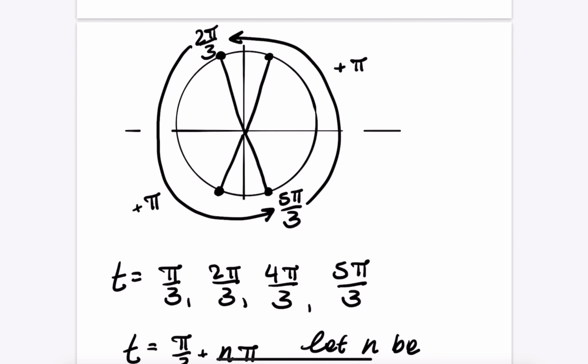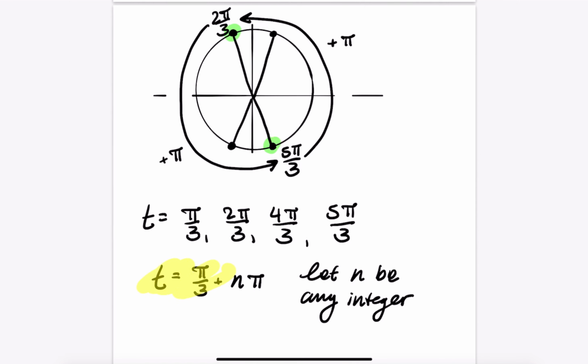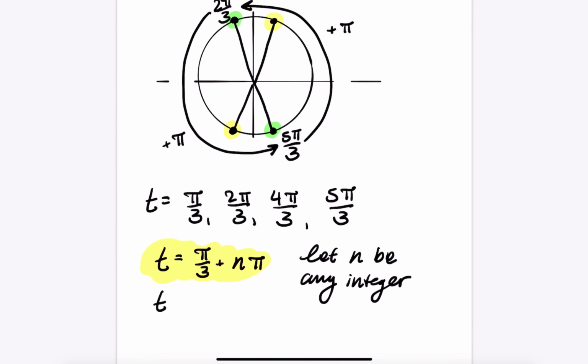So now we found another way to express these 2 points, since this answer represents these 2 points looping infinitely forever. And now we can also say that t is equal to 2 pi over 3, and then again we can add pi infinitely many times, and it would still give us a valid solution. So I'm going to say plus n pi for any integer n, and that represents the points in the green.